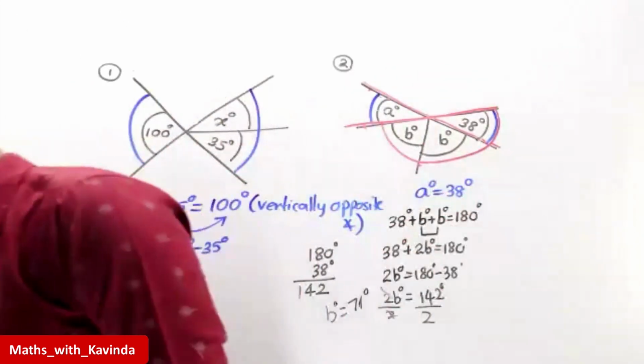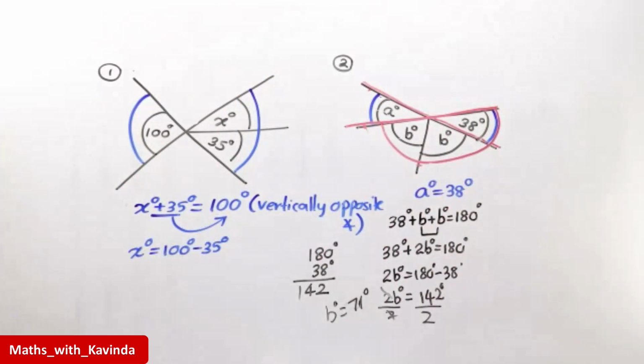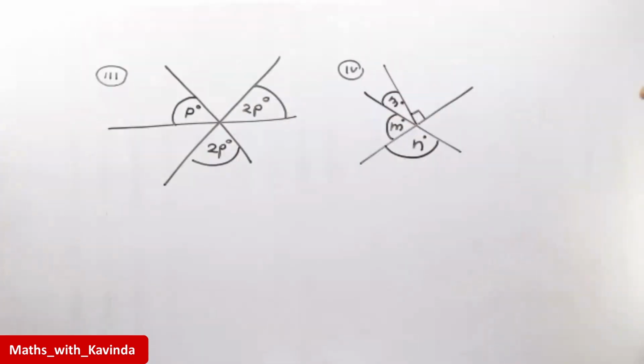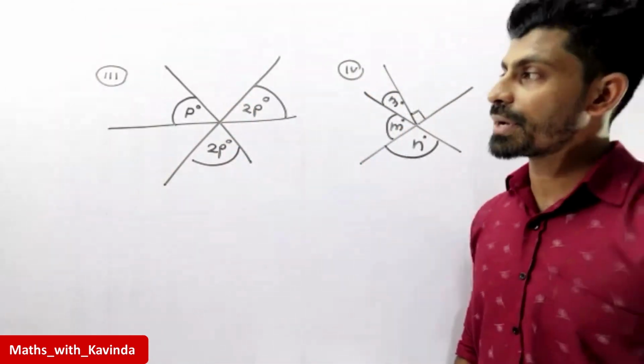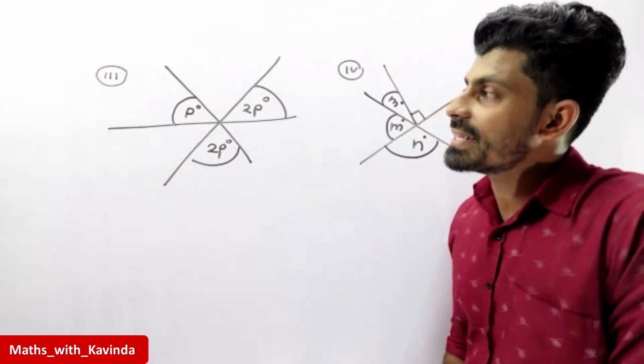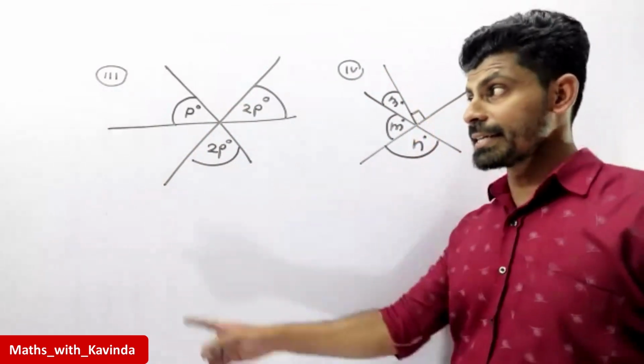Okay, right. Then we can quickly move to the next one. Question number 3. Here you can see vertically opposite angles.